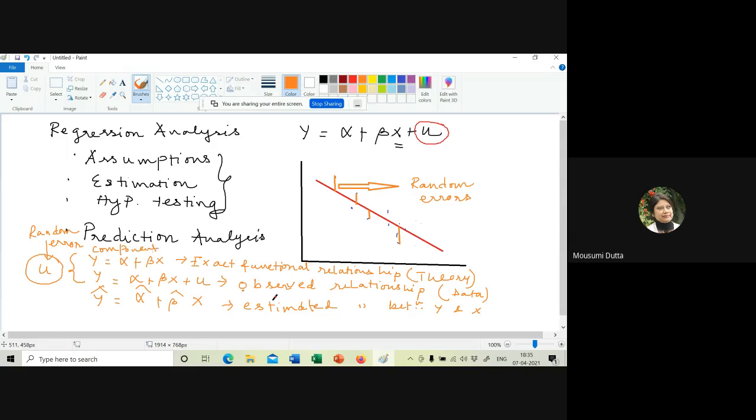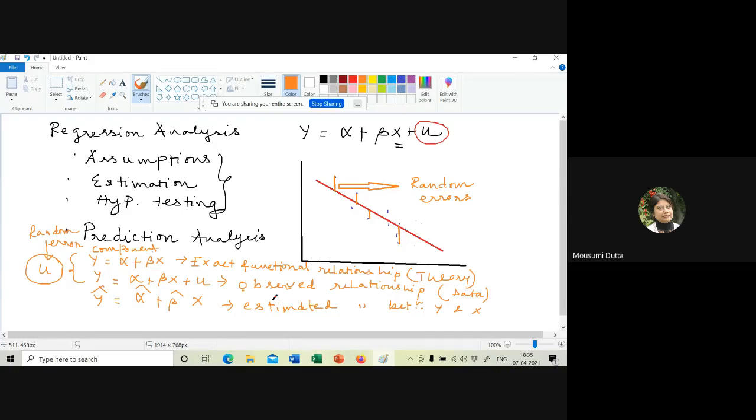Okay, since this is new here, y is equal to alpha plus beta x we learn from economic theory. U is new here, so whatever assumptions we will do here, that will concentrate on this error term.